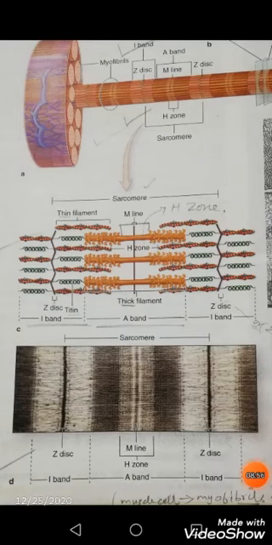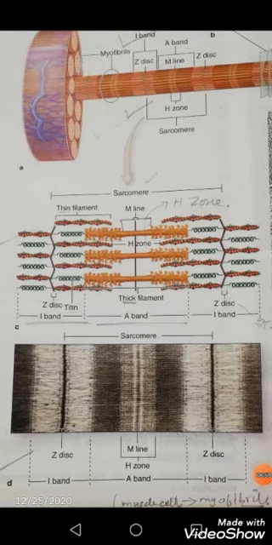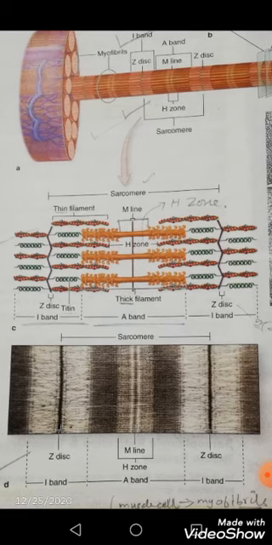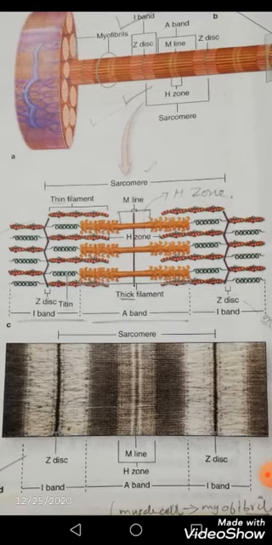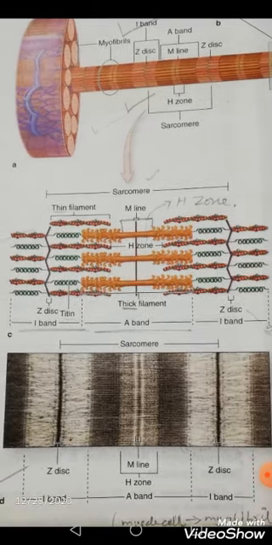As you know, the sarcomere is the functional subunit of the contractile apparatus, and where it is present, you see cross striation, with alternating light and dark bands.